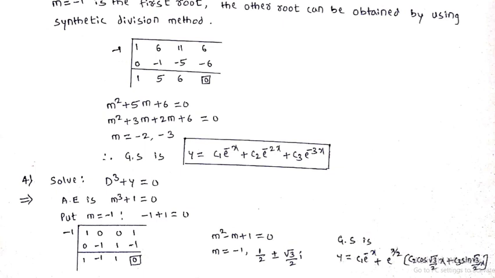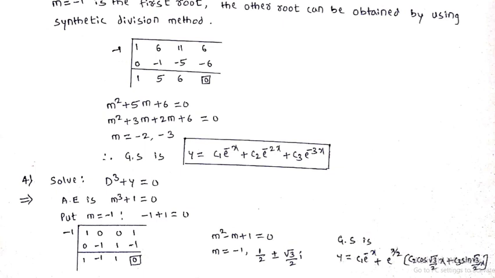Now use 0 first, and with the help of m equal to -1. So 1 plus 0 is 1, -1 into 1 is -1, 0 minus 1 is -1, -1 into -1 is 1, 0 plus 1 is 1, 1 into -1 is -1, plus 1 minus 1 is again 0. So again express these 1, -1, 1 in equation form, m square minus m plus 1 equal to 0.